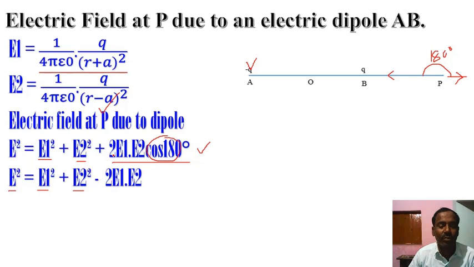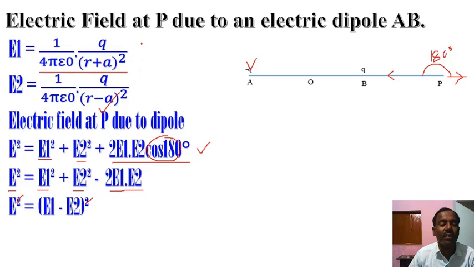Therefore it will be 2 E1 E2 into minus 1 equal to minus 2 E1 E2. Therefore E square equal to (E1 minus E2) whole square. We know that (E1 minus E2) whole square equal to E1 square plus E2 square minus 2 E1 E2. Now we cancel out the square, then we get E equal to E1 minus E2.